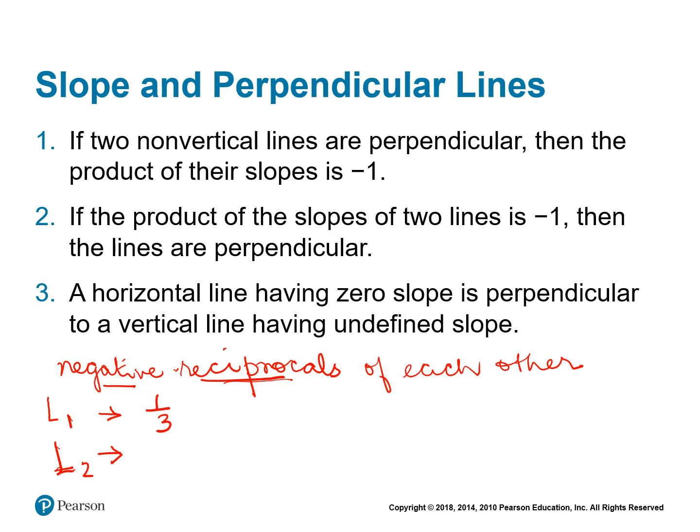inverse of each other. The reciprocal of a number is when we flip the numerator and the denominator. Let me do that separately in case some of you are lost. The reciprocal of 3/1 is 1/3. You see what I mean?